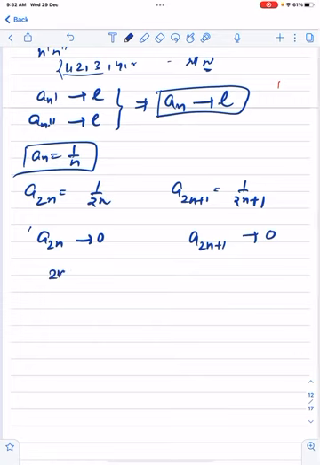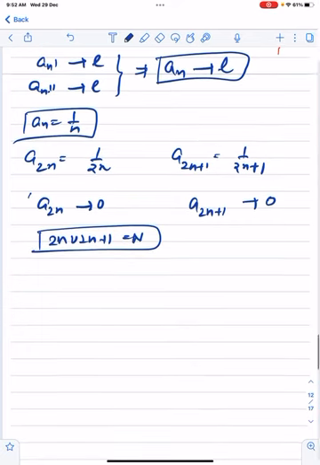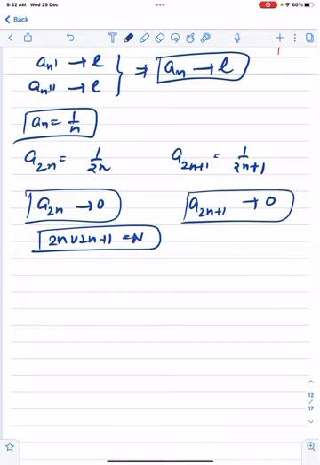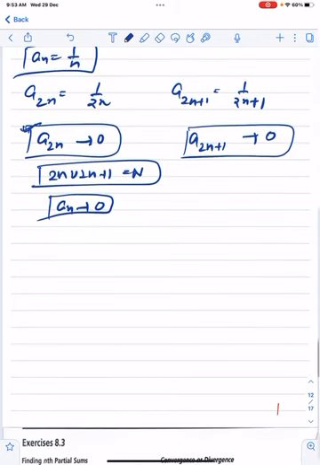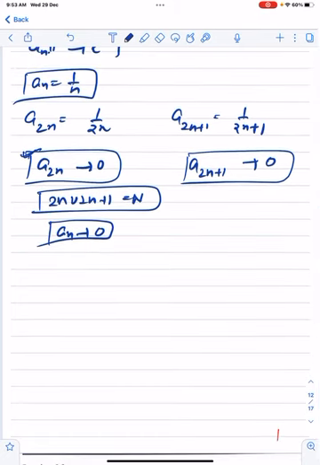The union of 2n and 2n plus 1 gives you the set of natural numbers, and there is nothing common between them, right? So these two subsequences are complementary. When you take the union of them, you get the original sequence, and both subsequences tend to the same point 0, so your an will also tend to the point 0, right?